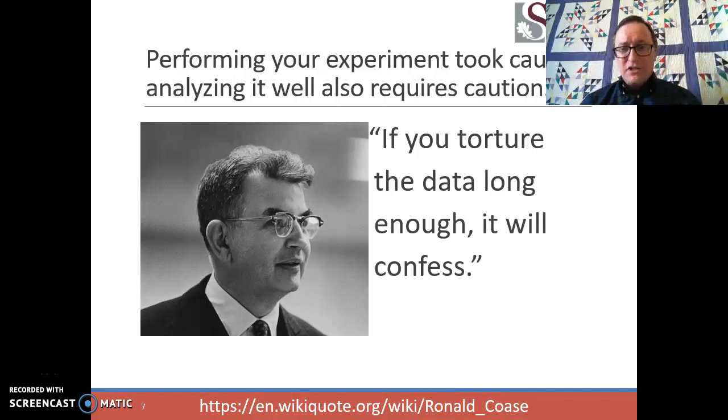Performing your experiment took caution. Analyzing it well also requires caution. I want to bring the words of Rundlecosa to you because he, I think, made a very apt expression about this. If you torture the data long enough, it will confess. Doing the statistics right does not mean you got a p-value below 0.05.